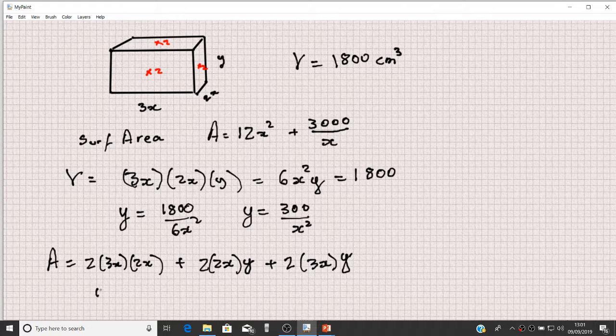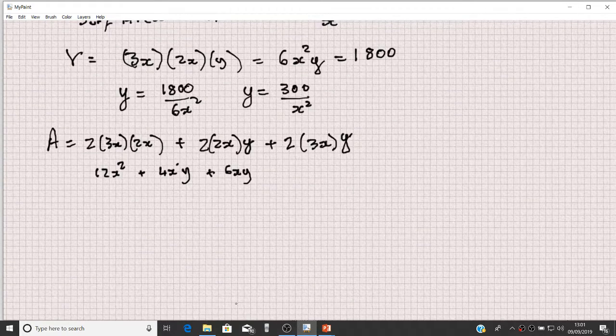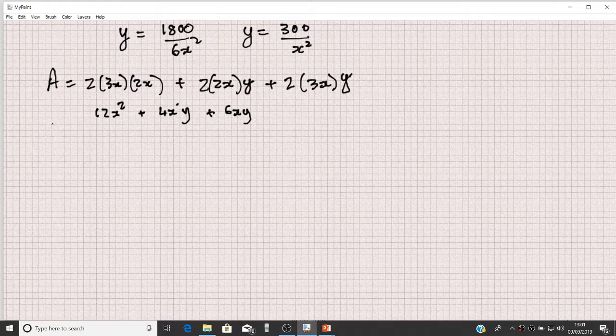So that ends up at 12x squared plus 4xy plus 6xy. So our area is now 12x squared plus 10xy, and we have y is 300 divided by x squared.